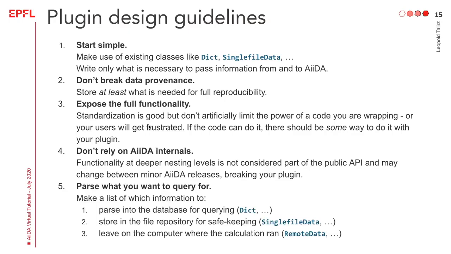Finally, parse what you want to query for. So it can be very helpful to make a list of which information you want to parse into the database. So this is things that you might want to query for. So for example, certain parameters of an input file, certain single valued outputs of your code. Then another level is the files that you want to store in the AiiDA repository for safekeeping, maybe because they're very expensive to compute.